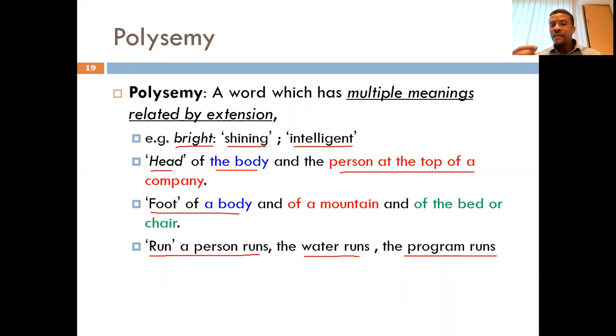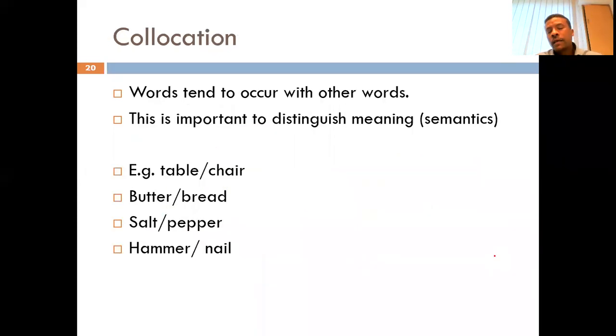So what does it mean? The program is being executed one step at a time, so one instruction or one command at a time. Just like a person running, where he goes step by step, using the left and the right leg, which means taking a step one by one, just like running a program. So we call this polysemy, and this is a kind of relationship that you create.